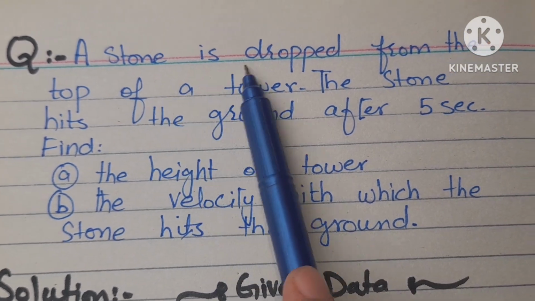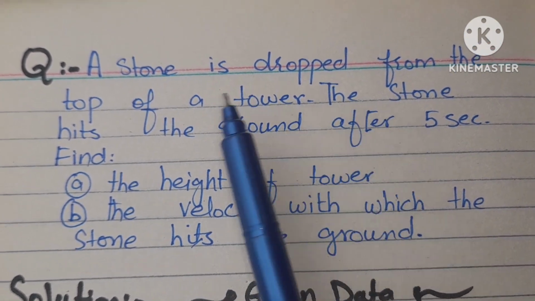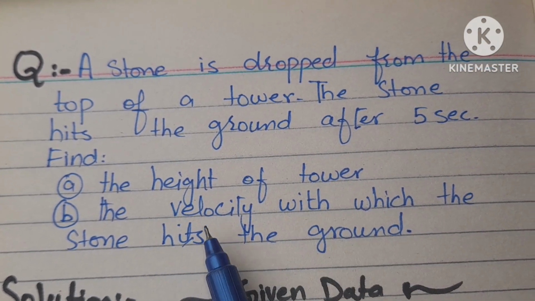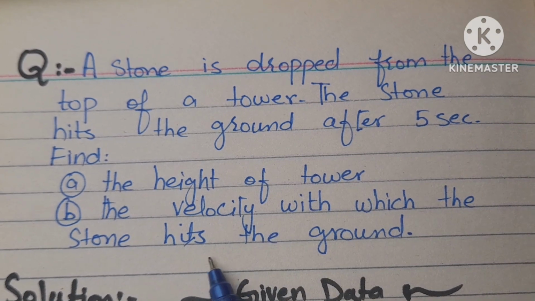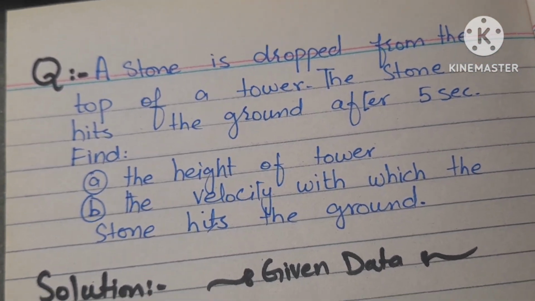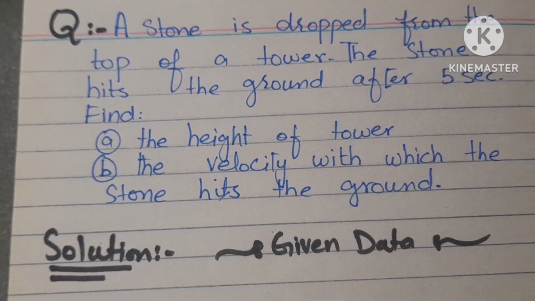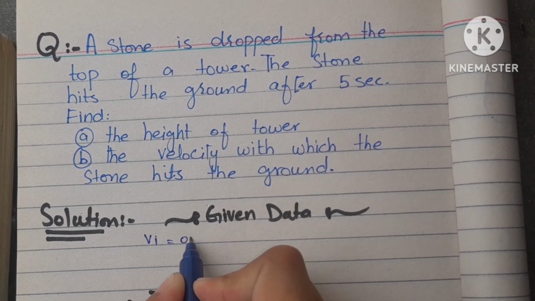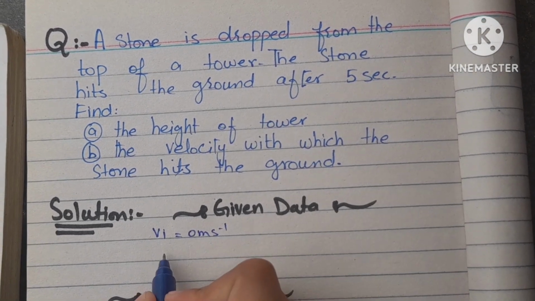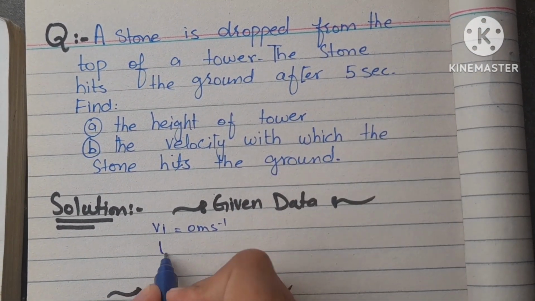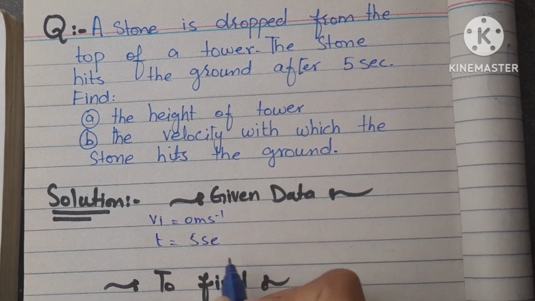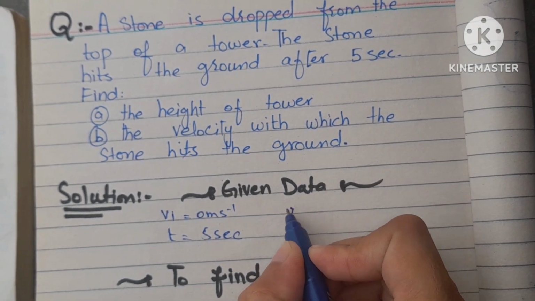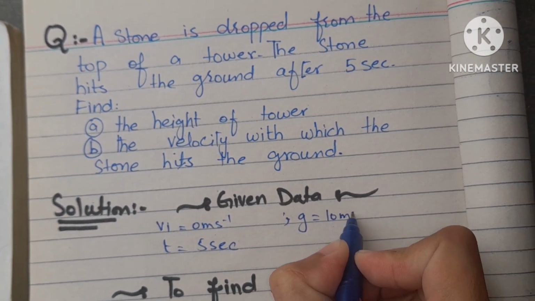Question: a stone is dropped from the top of a tower. The stone hits the ground after 5 seconds. Find the height of the tower, and second part, the velocity with which the stone hits the ground. Here the given data is initial velocity Vi is equal to 0 meter per second, and the time is equal to 5 seconds, and when the body is moving down, that's why we take g is equal to 10 meter per second square.